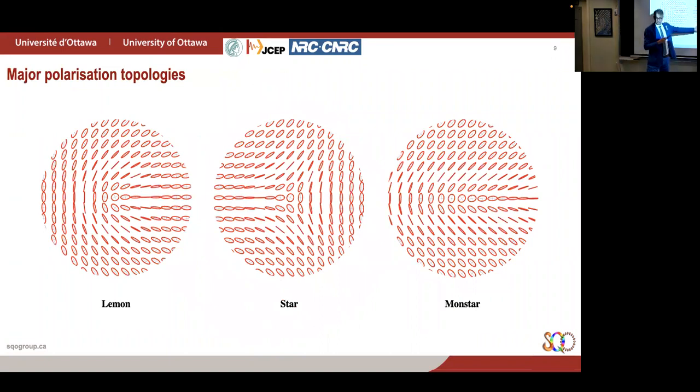You can create the star topology, and the non-star topology. Here, the topological charge that I described to you is plus 1/2. Here it is minus 1/2. If I do a rotation around a positive angle, you will see that the rotation happens in the opposite way. That's the reason you have a negative sign for the topology.